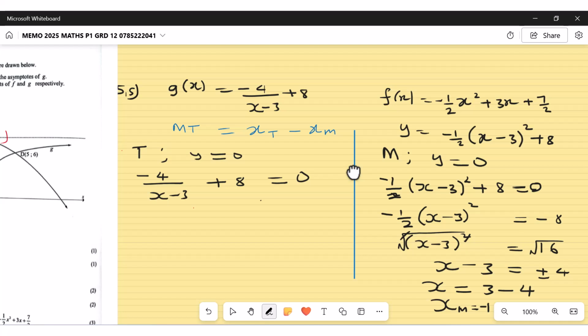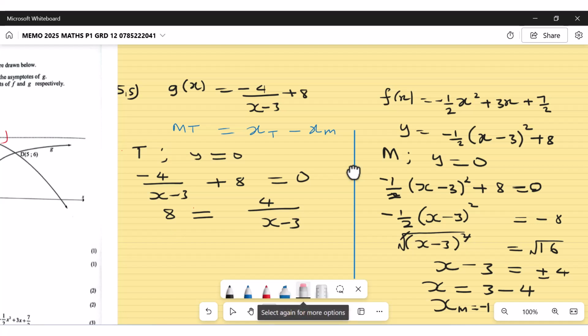If I divide by 4, I get a 2 here, and I get 1 here, then over x minus 3. So if I cross multiply here, I can say x minus 3 equals 1 over 2.